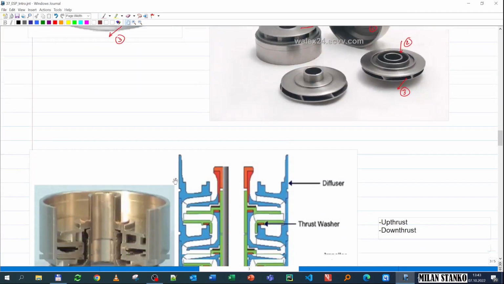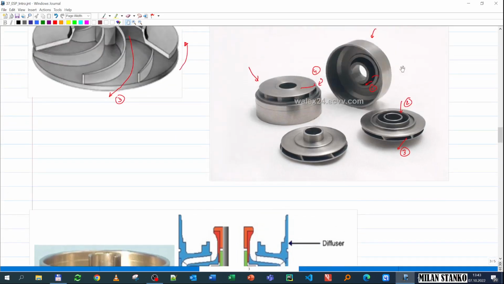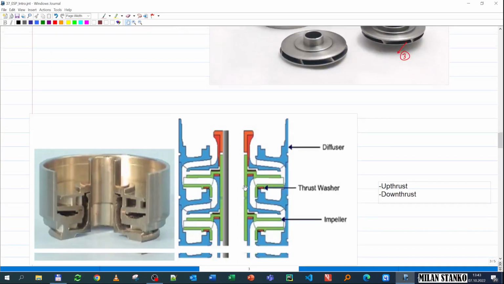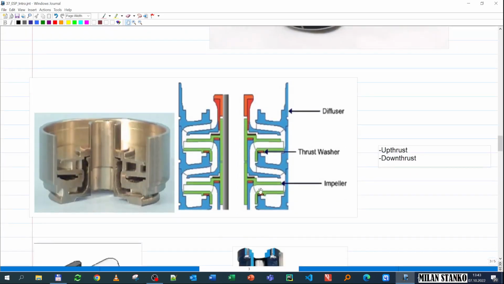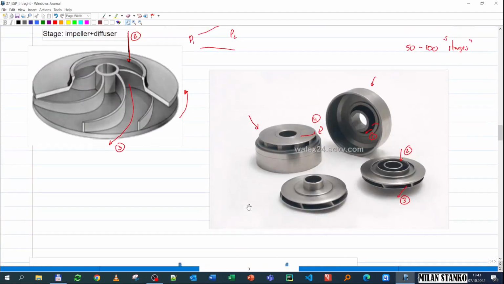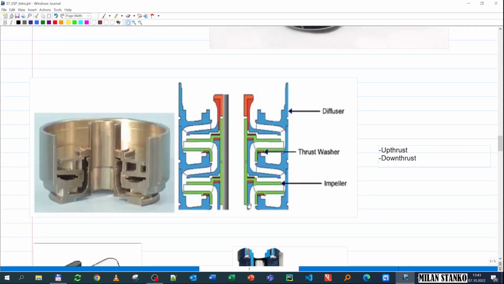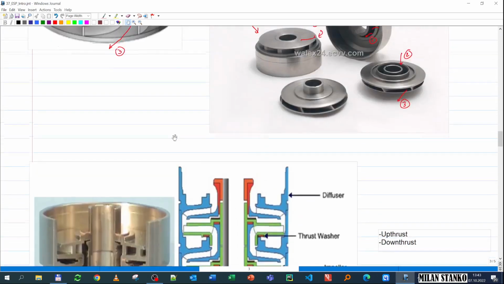So maybe the flow through the assemblies is easier to see if we make a cut of the cross section and see how it looks here. The green part is the impeller and the blue part is the diffuser. So here you see it enter through here, which is the same 2 that we have here. So it will be number 2, flows through the impeller through the vanes and then exits through 3.